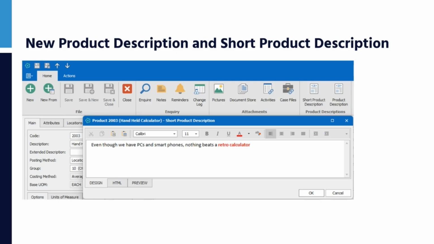Again, this is for your e-commerce sites, so it's just giving you more of a narrative than you'd be able to get through just the normal description and extended description for the products themselves. So they have been added, and they're just under the main ribbon of the product maintenance in the product descriptions area. So you've got a short product description and a product description, aka a long product description, at your disposal there.